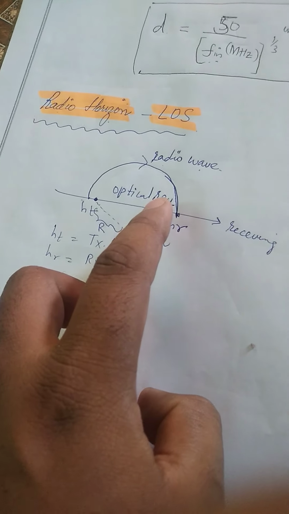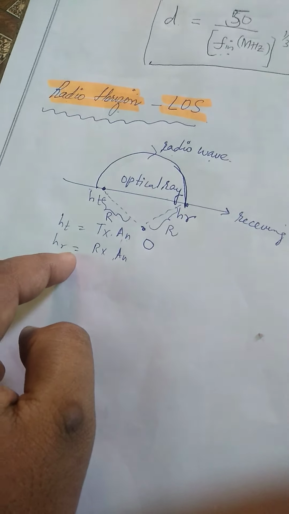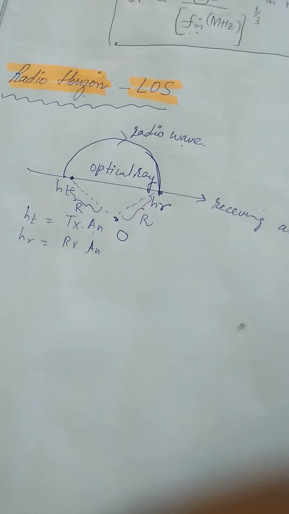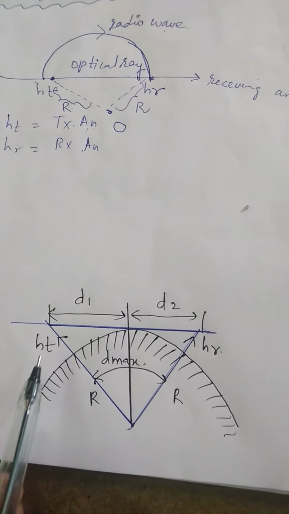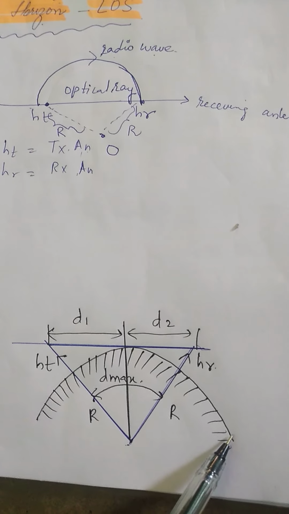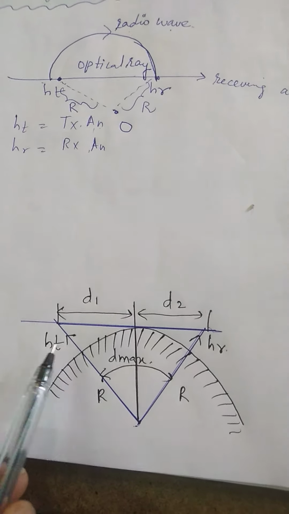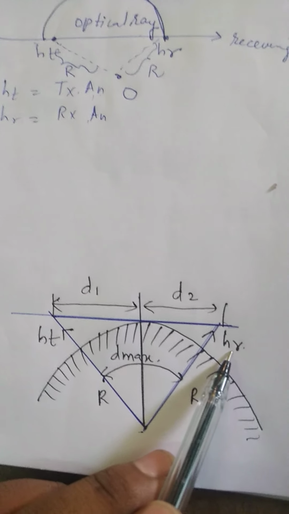That's the point we are going to derive: how the height of both of them is going to be obtained. As you can see over here, we will be considering one earth surface. Over there we will have the transmitter of height HT and the receiver of height HR.